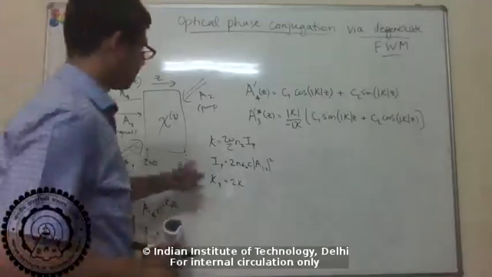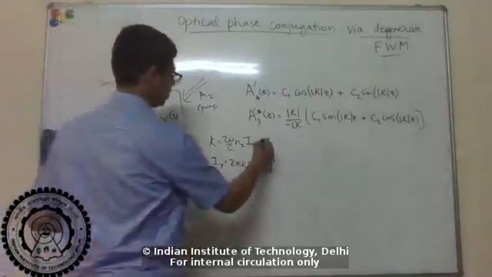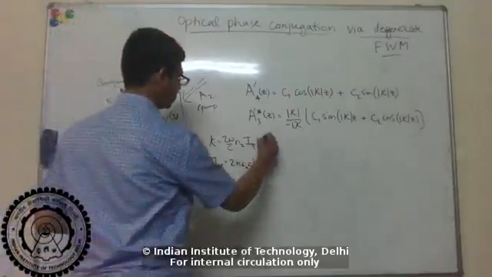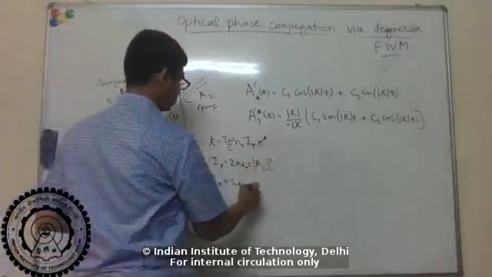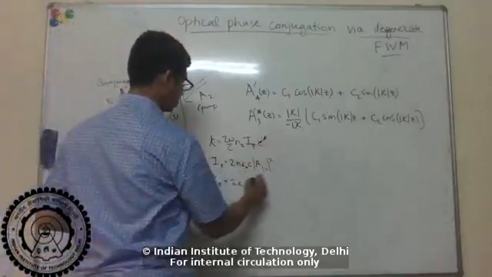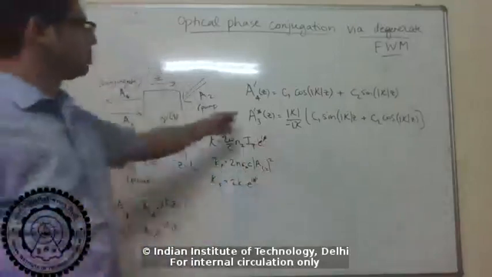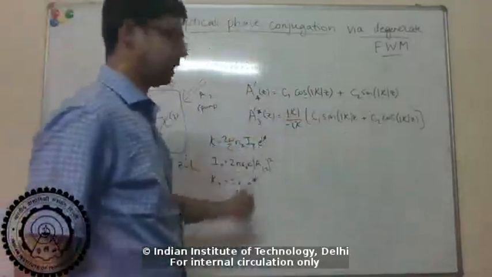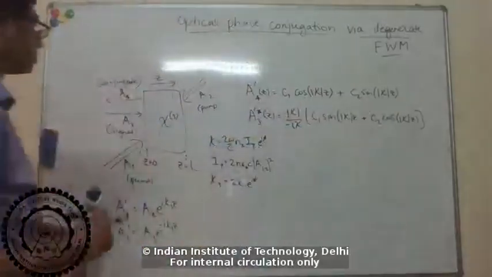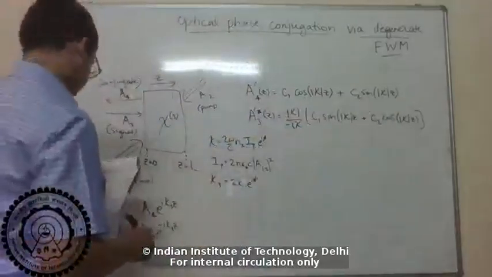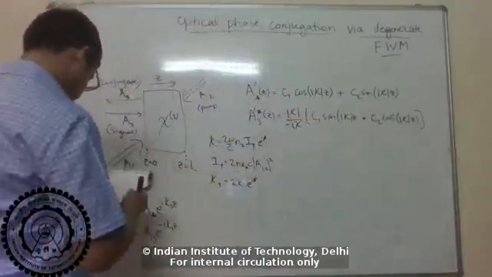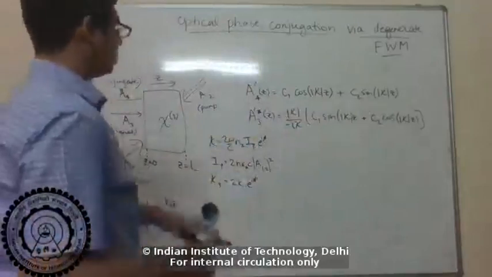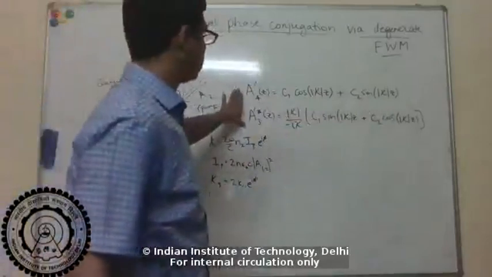In general, kappa and kappa 3 could be complex numbers, so they could have some phase here, but the solutions depend on the magnitude. So basically, they only depend on the pump intensity.